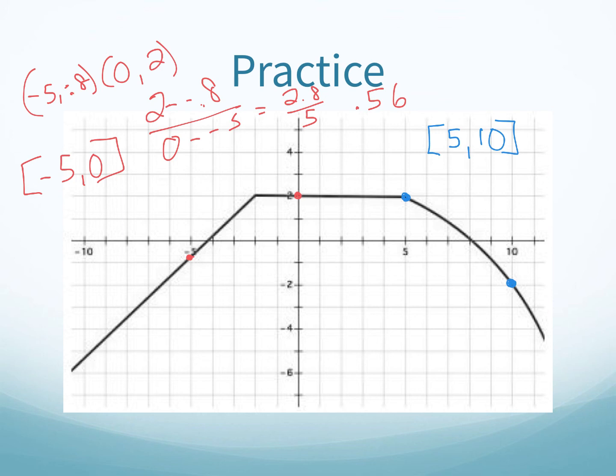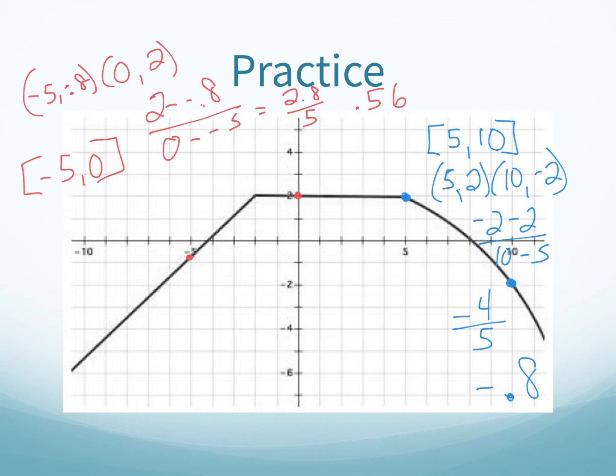So in this case, I have the point (5, 2) and the point (10, -2). So once again, I have -2 minus 2 over 10 minus 5, which gives me -4 over 5, which is also -0.8. So once again, it depends where my interval is, what my average rate of change will be.